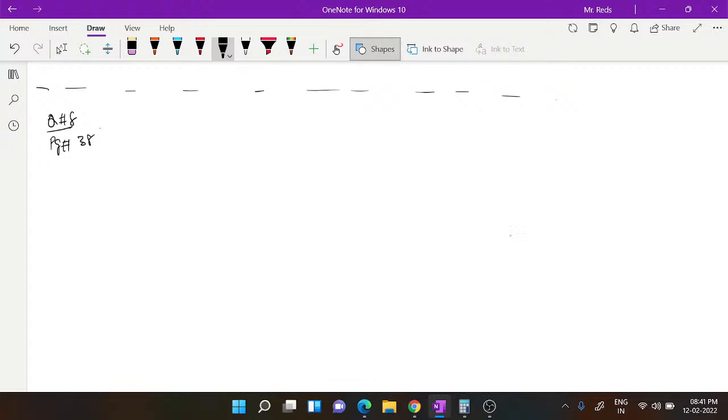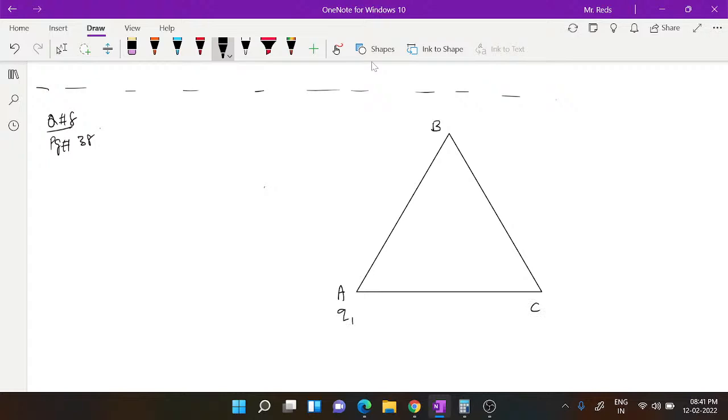Let us consider the triangle. So two charges are placed at two corners A and B. Let's say this is corner A, this is corner B, this is C. Here we have kept a charge Q1 whose value is 10 to the power minus 9 coulomb, which is 1 nanocoulomb.